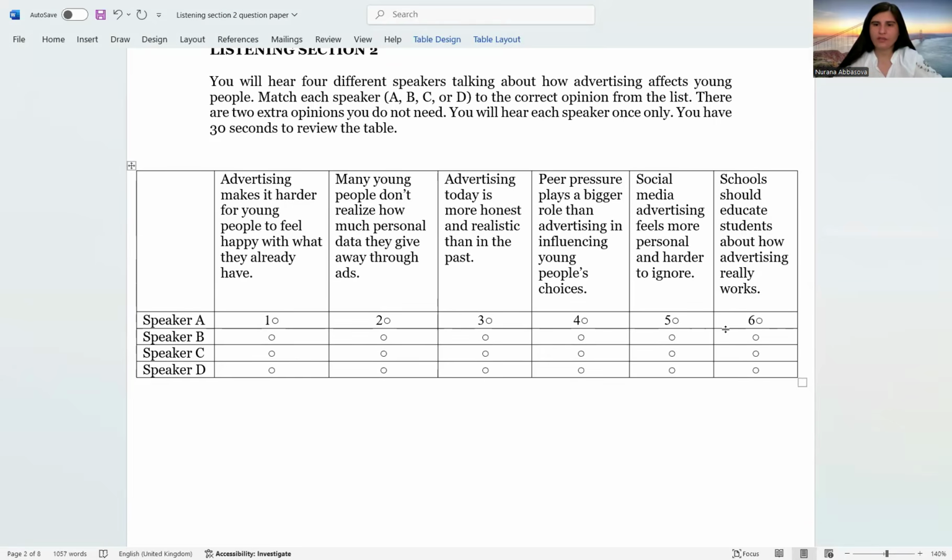Yes, for Speaker A, what will you say? Social media advertising feels more personal and harder to ignore.